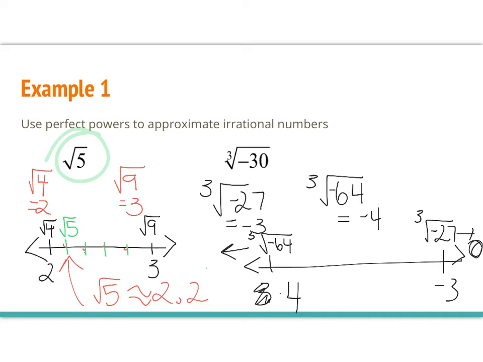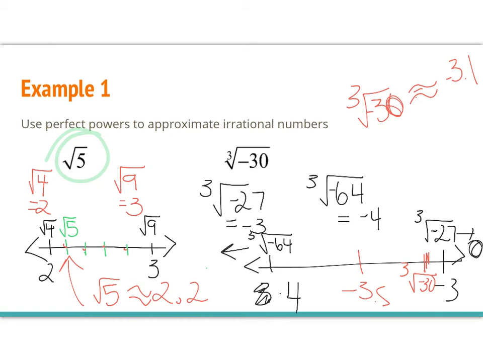The cubed root of negative 30 is much closer to negative 27 than it is to negative 64. So I would approximate that the cubed root of negative 30 is approximately, I don't know, let's say negative 3.1, for instance, which we know is really close based on our actual calculated value.